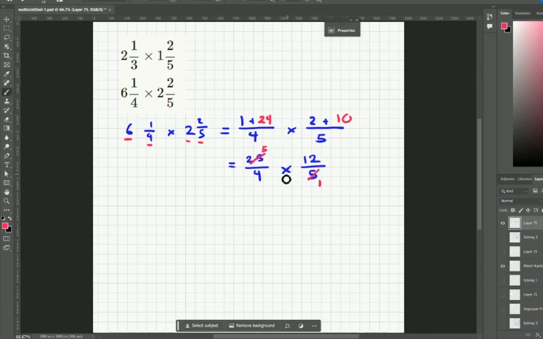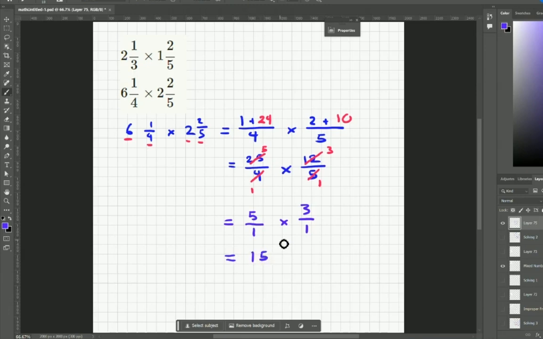And I'm going to look at this 12 and 4, and they have a common factor as well, so I'll divide both by 4. And suddenly, we rewrite our question as 5/1 multiplied by 3/1, which is just 5 times 3, which is 15.